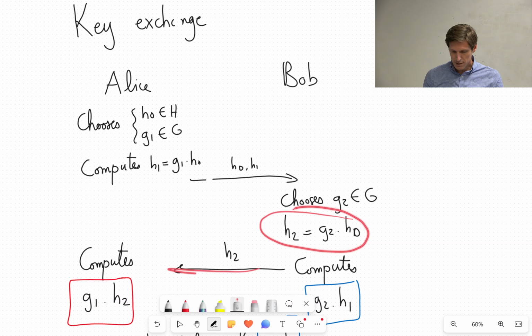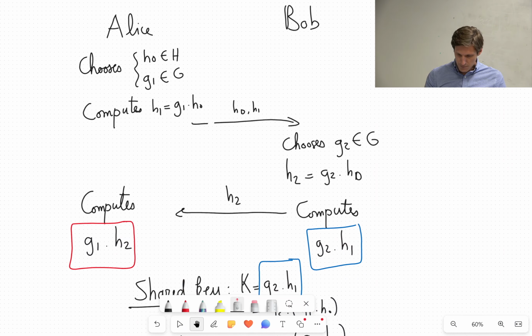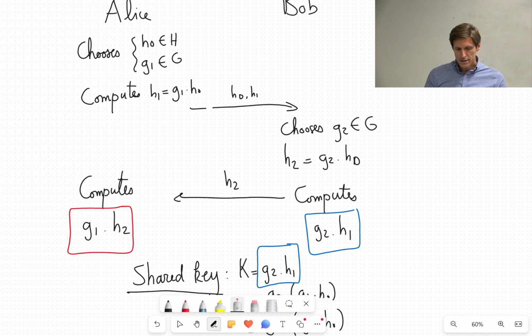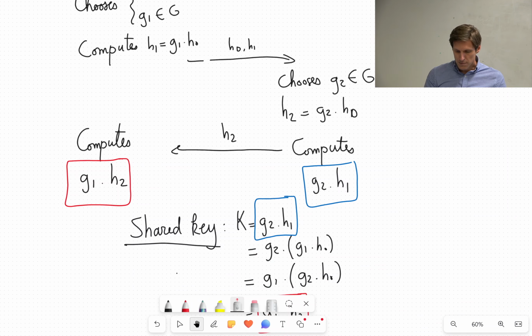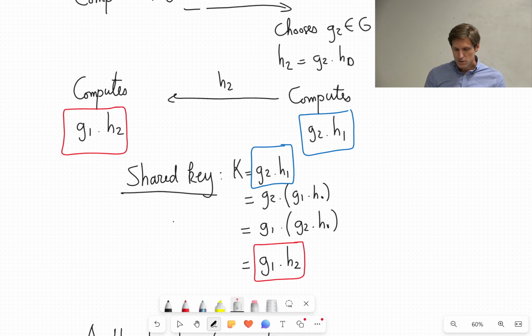And sends back H2. Of course, something I should have mentioned is that the group here is assumed to be commutative. Then on the one hand, Alice can calculate G1 acting on H2, Bob calculates G2 acting on H1, and that's the same thing, right? Because the multiplication commutes in G.